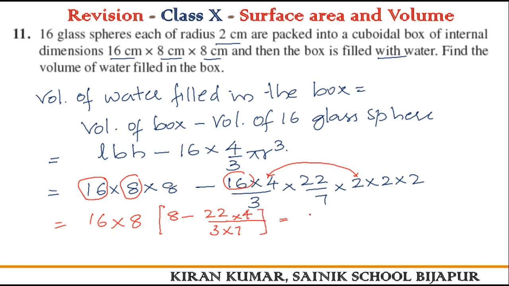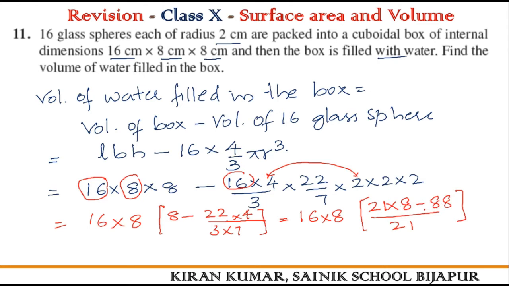I need to take the LCM. The LCM will be 21. So 16 into 8 multiplied to 21 times 8 minus 88 divided by 21. This will be 168 minus 88.